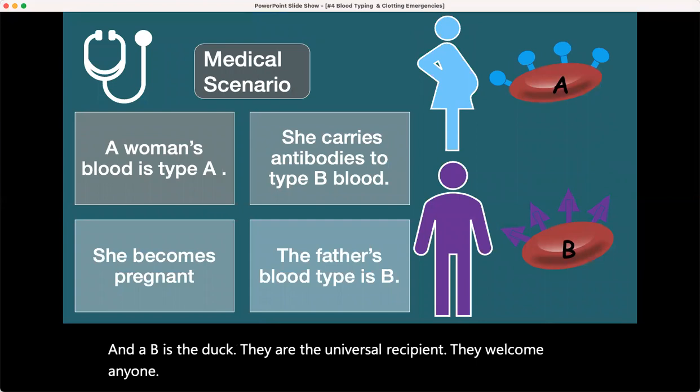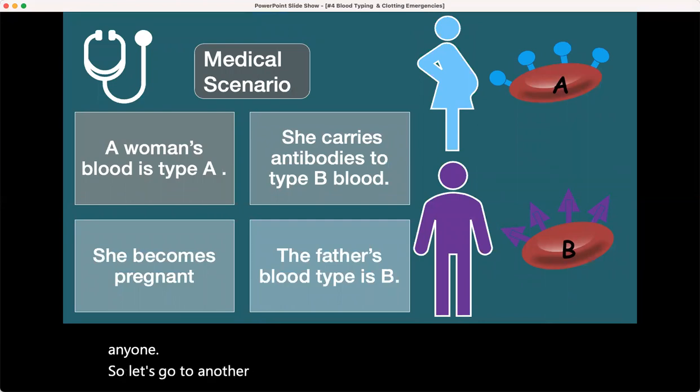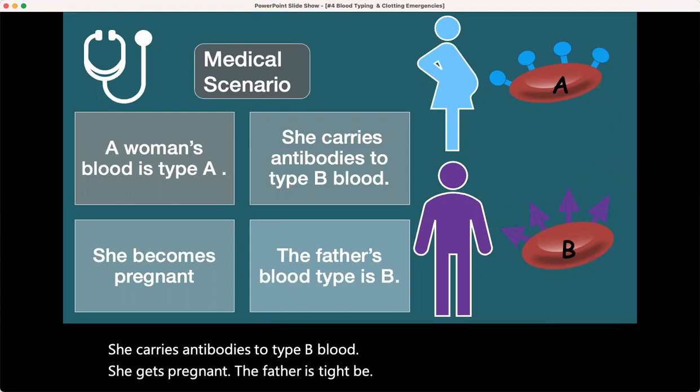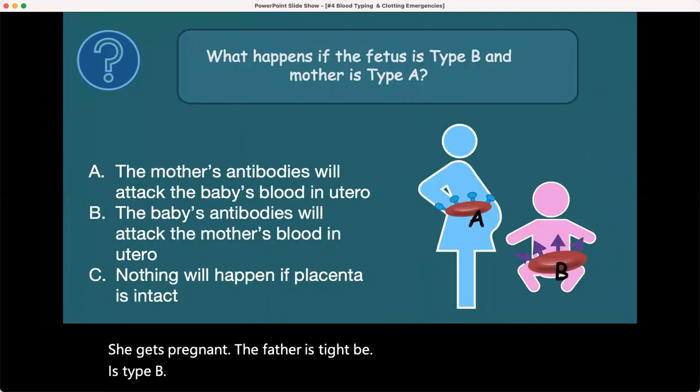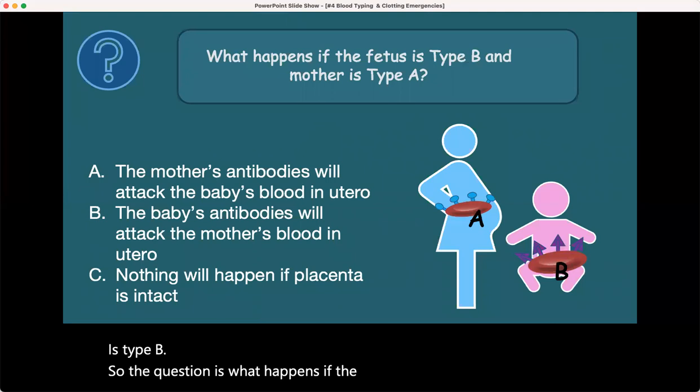So let's go to another medical scenario. A woman is type A. She carries antibodies to type B blood. She gets pregnant. The father is type B. Okay, so the question is, what happens if the fetus is type B and the mother is type A?